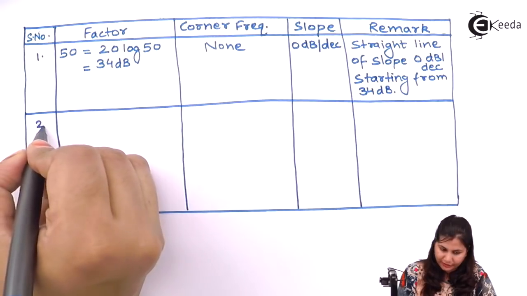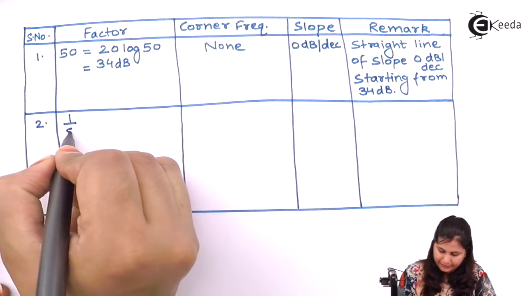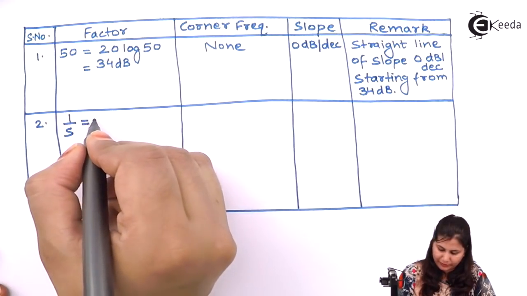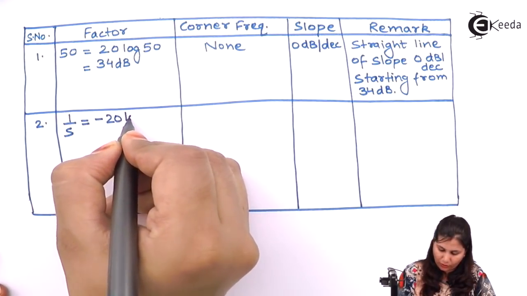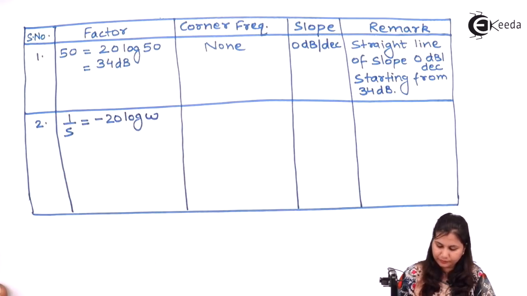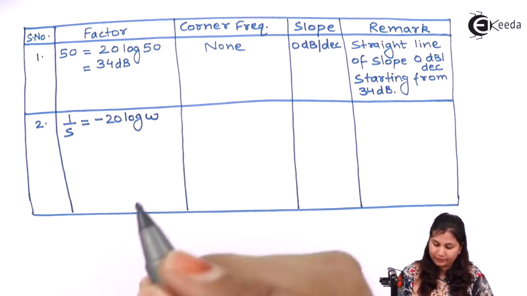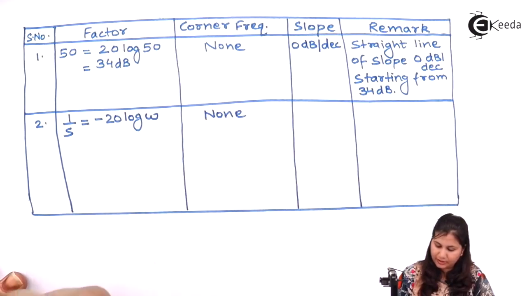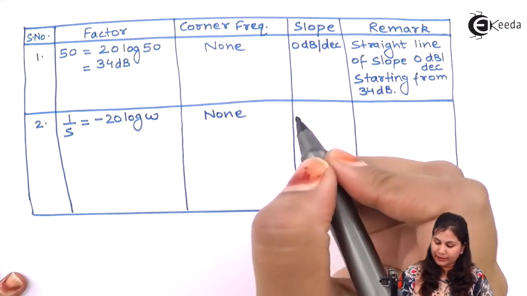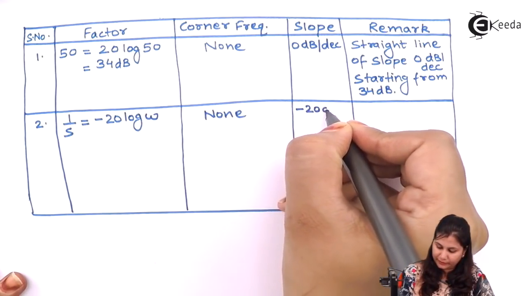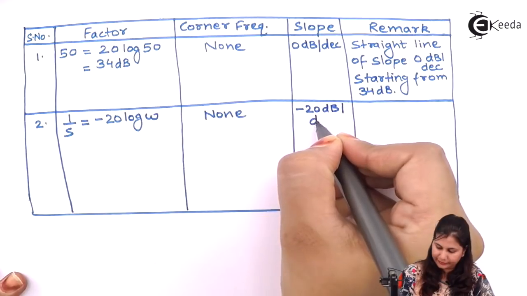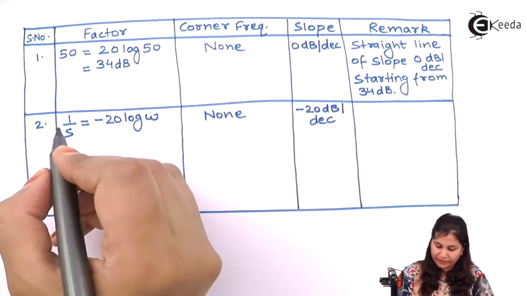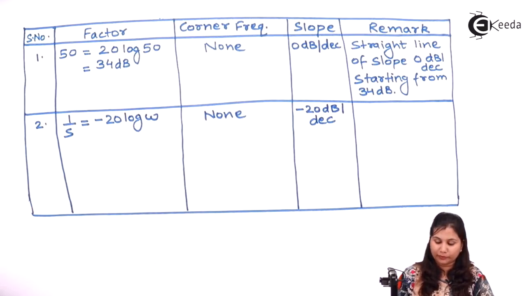Now second factor is 1 by s, and the magnitude of this 1 by s will be minus 20 log omega. Okay, and corner frequency will be 0, no corner frequency, and the slope will be minus 20 dBs per decade. Okay, and how we can represent this 1 by s on the Bode plot?